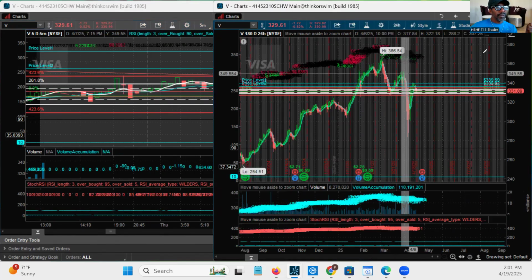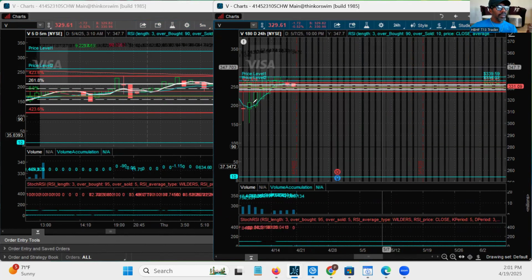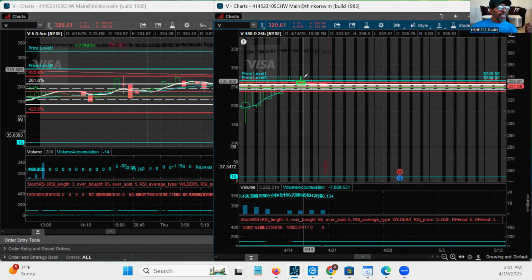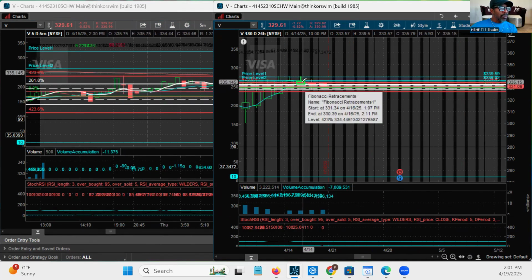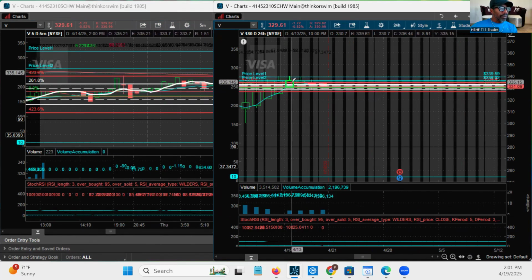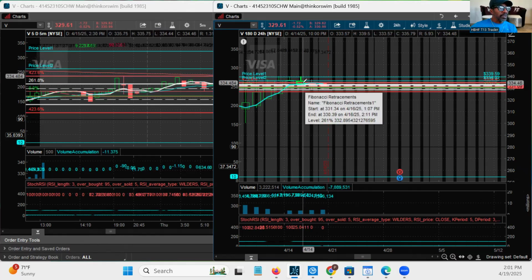Let me get the 24. Remember, it opened up below the high. Remember that? It made one, two, three tops. So I'll say, okay, that's the high. Now, remember we talked about the close on 414.